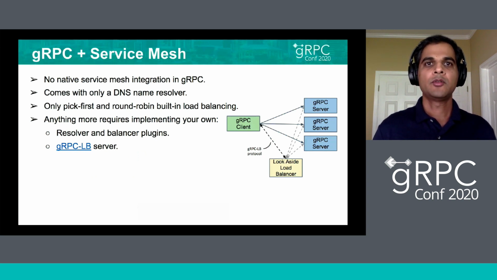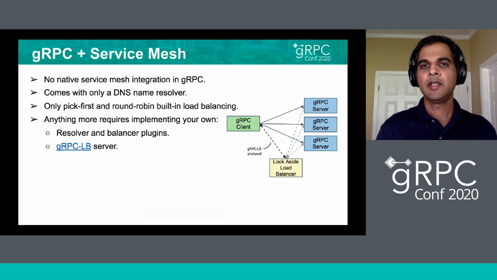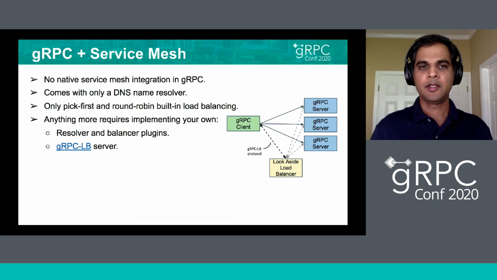The other option is to implement a controller that talks gRPC LB protocol, and we also call it look-aside load balancer. All the smartness is built into this controller, which provides a flat list of endpoints for a given service to a gRPC client, which then does simple round-robin load balancing.